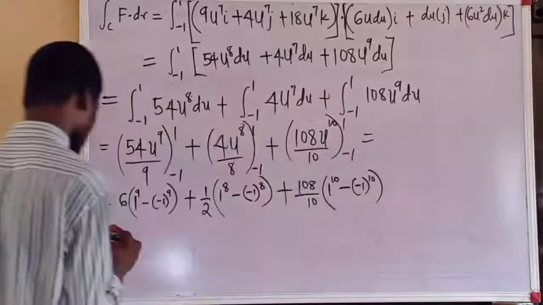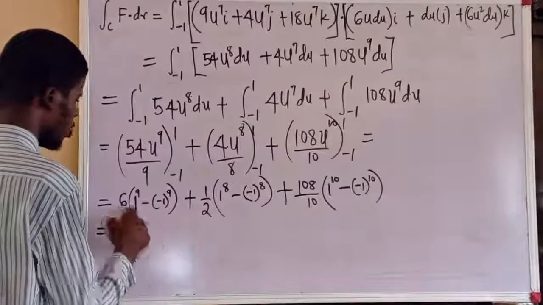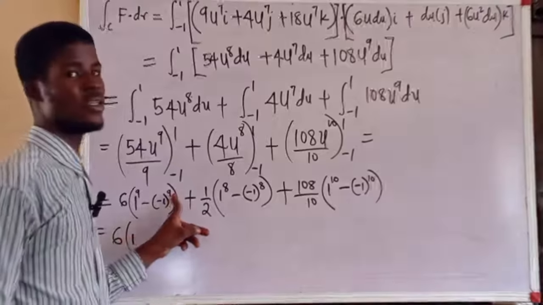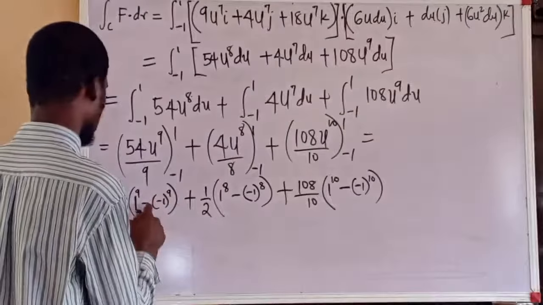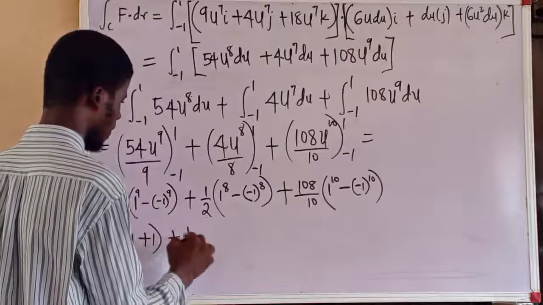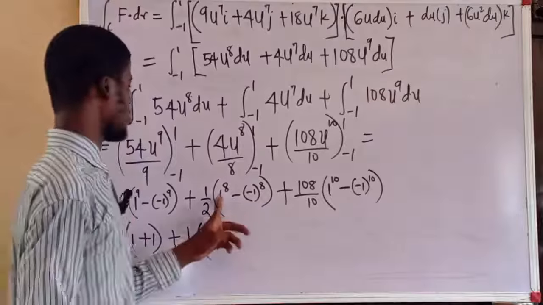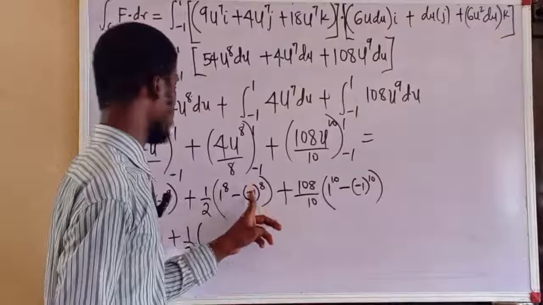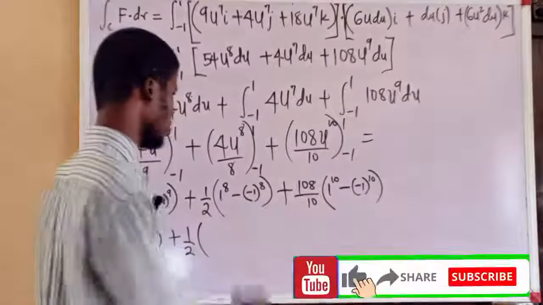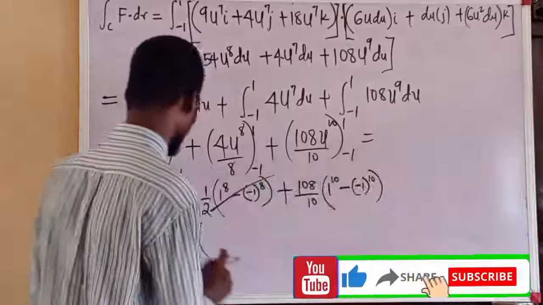And what would this be? This is 1. Minus 1 raised to the power 9 is still minus 1. So minus minus is a plus. We have plus 1. 1 raised to the power 8 is 1. Minus 1 raised to the power 8 is 1. Positive 1. 1 minus 1 is 0. So everything here is 0.